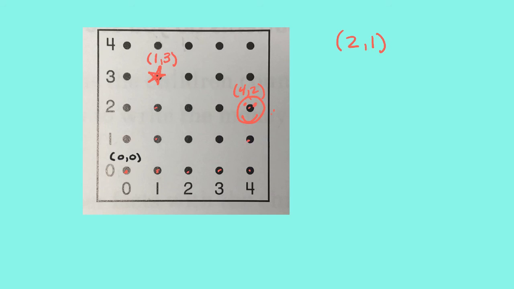Okay? Remember, we go to the right, then we go up. So we start at the origin. We go from here, 1, 2 to the right, and 1 up. So that is where the triangle family lives.